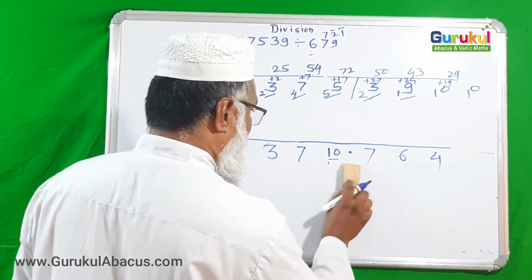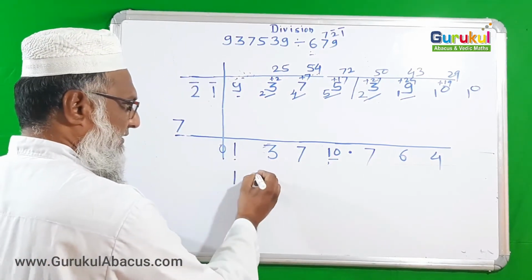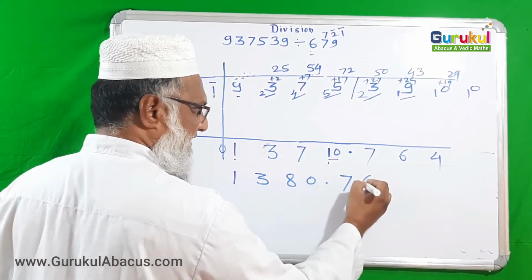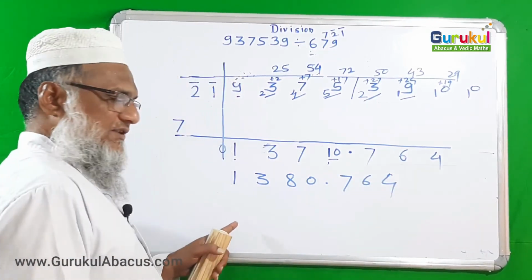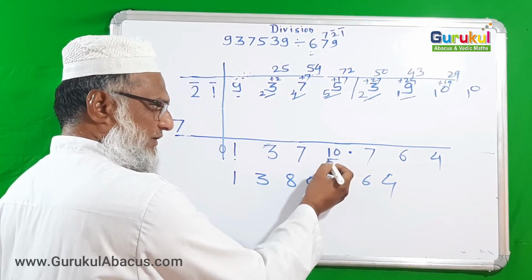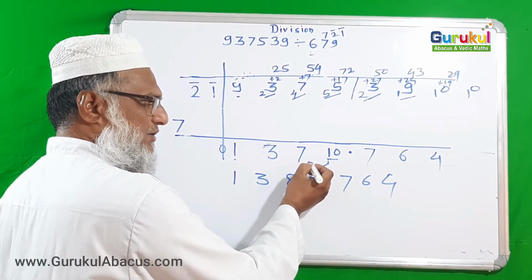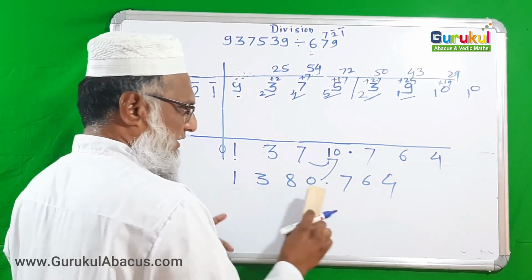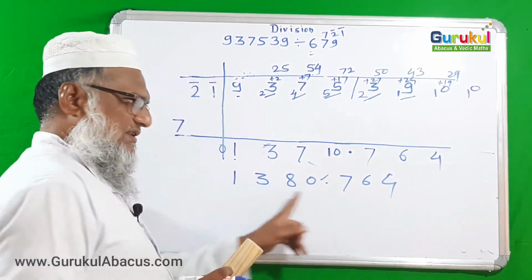So your final answer would be 1380.764. Just keeping in mind here a 2 digit number has come, so that 1 should forward here, so here 0 would remain, and that 7 plus 1, 8, would be here. So here you can see.